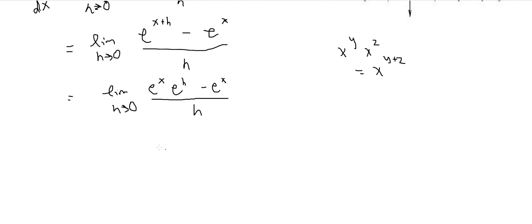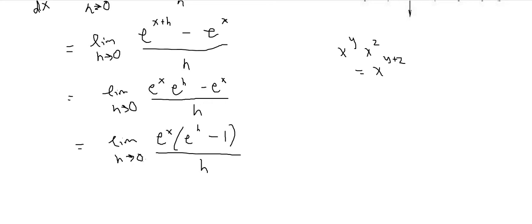Next thing, first of all, let's factor out the e to the x, right? In the numerator, there's e to the x in this term and in the second term, so we can factor it out and it would become e to the x times e to the h minus 1, and that is all over h.